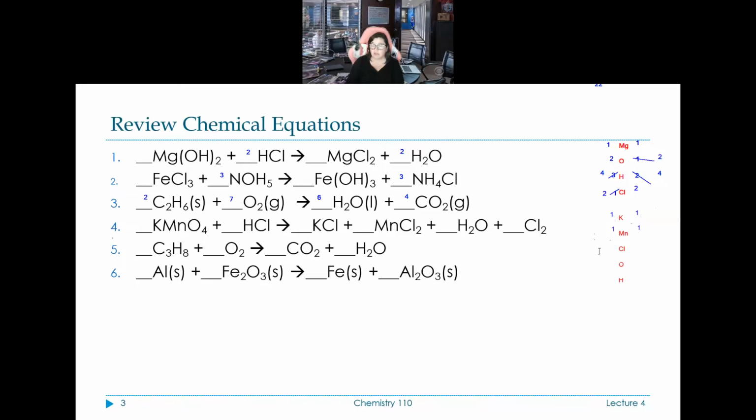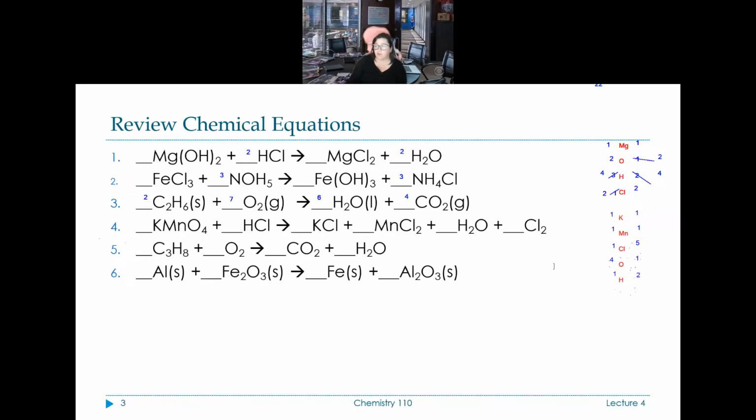I have 1 Cl, and I have 1, 2, 3, 4, 5 Cls as products. I have 4 oxygens on the reactant side, and I currently have 1 oxygen on the product side. Hydrogen. I have 1 hydrogen on the reactant side, and I have 2 hydrogens on the product side. Obviously, that is not ideal. That is not what we're looking for.